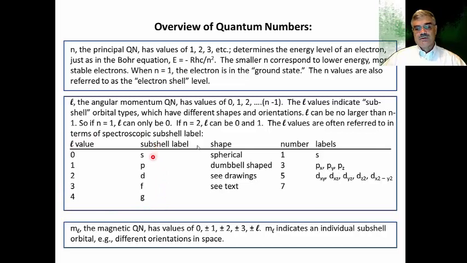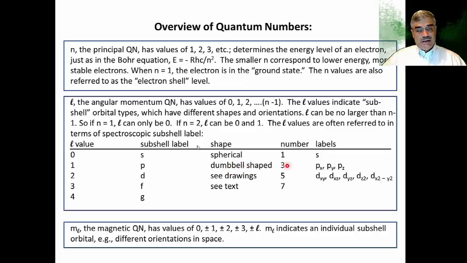Now, the s orbitals are spherical orbitals. We'll show pictures of them in a second. There's only one type of s orbital per energy level, so we just call it s. When L equals 1, we have what is called a p-type orbital, which sometimes we describe as a dumbbell shape, and we'll show this in the next slide.